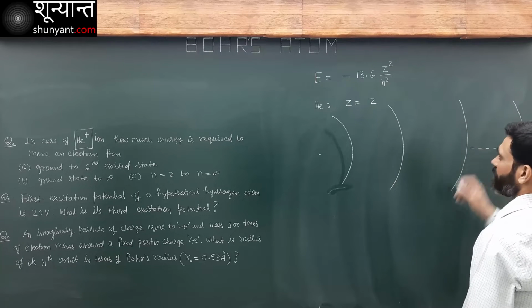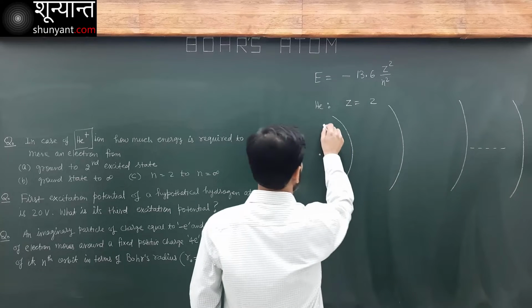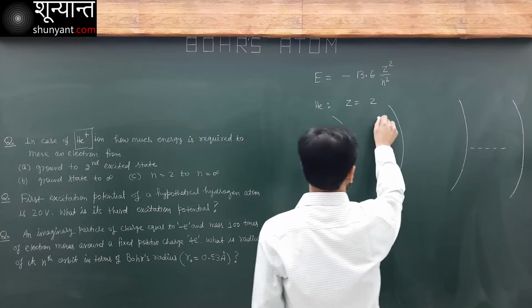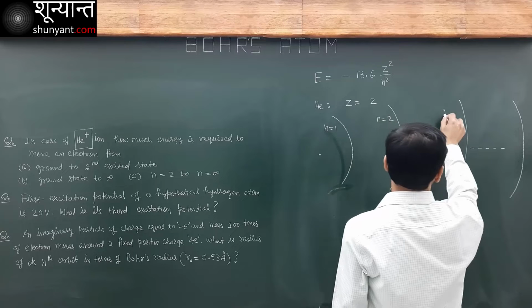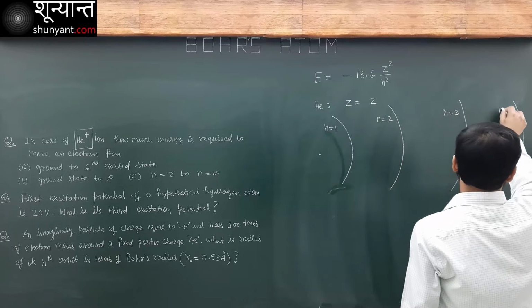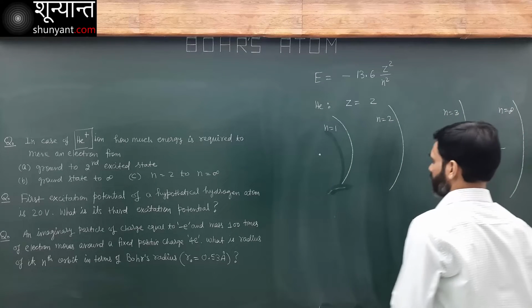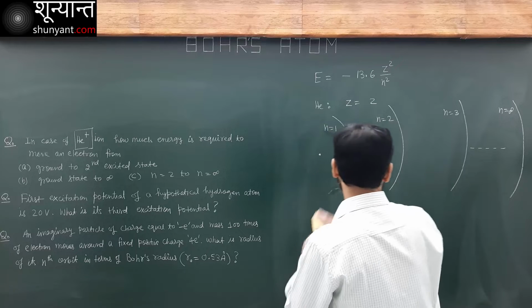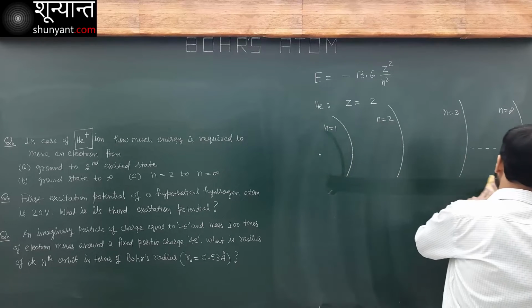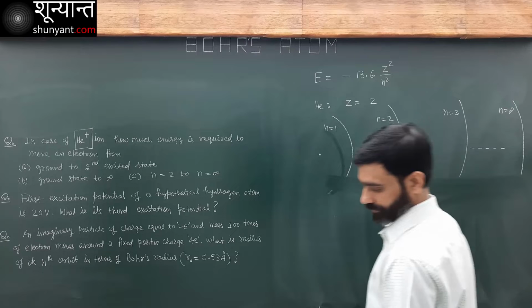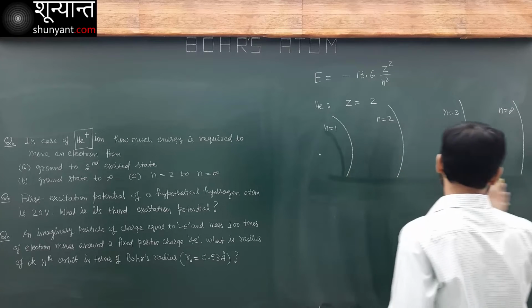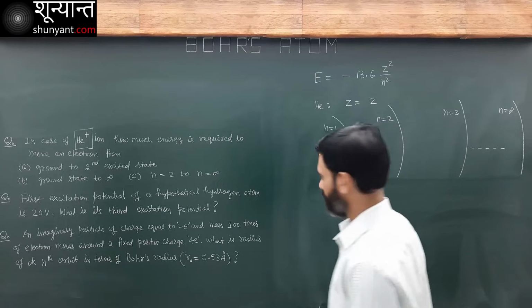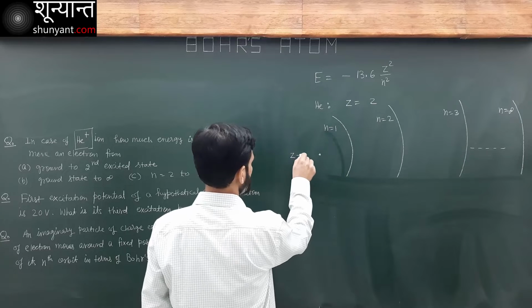This is n equal to 1, this is n equal to 2, this is n equal to 3, this is n equal to infinity. What is energy? This is Z equal to 2.